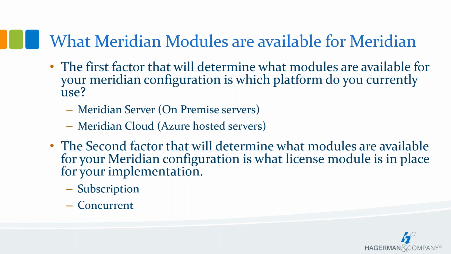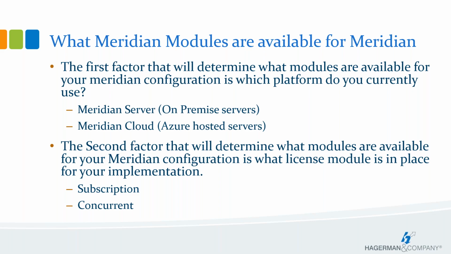Are you using Meridian Server, an instance of Meridian installed on a server locally managed by your IT in a data center somewhere, where you as the owner operator manage it and install software on it, and Accruent or Hagerman supports you in doing the configuration, installations, and things like that?